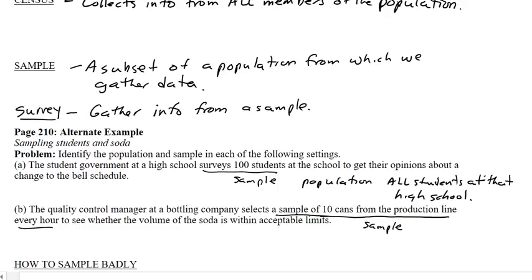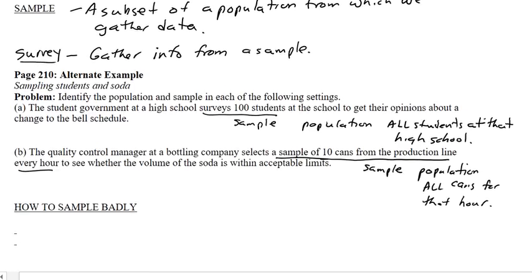The population is all cans for that hour, just for that hour, not all cans for the whole day, just for that 1 hour. Okay, so there's some examples of population and sample.